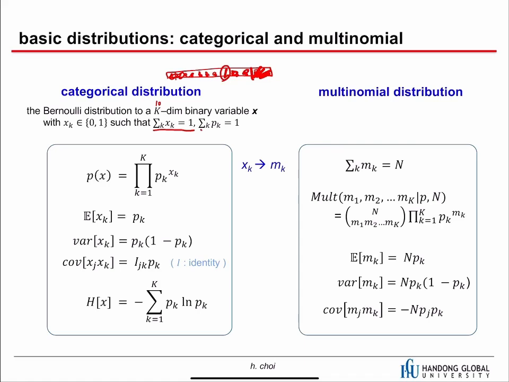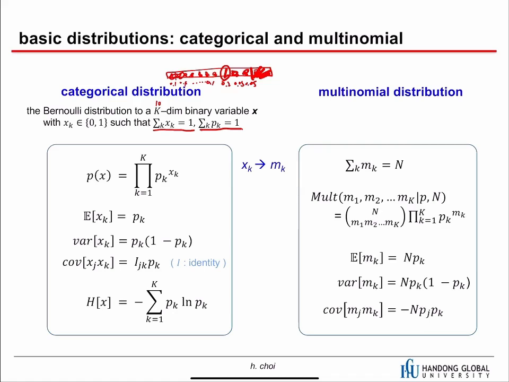And the sum of the probabilities is 1, which means it could be 0.1, 0.1, 0.1, and 0.2, then 0.05, 0.05. Okay.